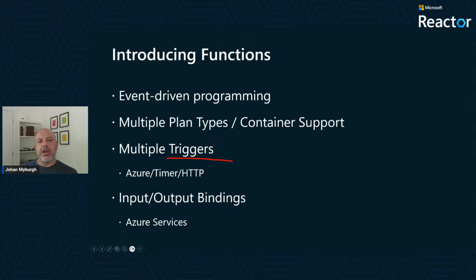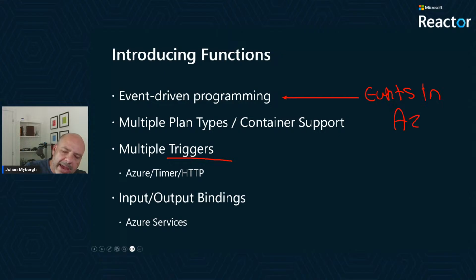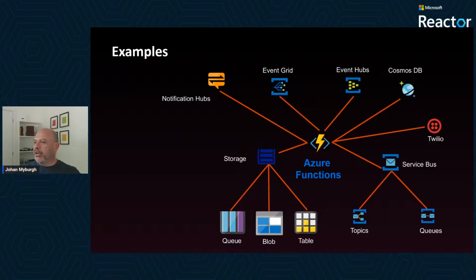So when we're talking about event-driven programming, this is more to do with events in Azure. And most of our different services in Azure have got different events that they can expose, and those events can tie into an Azure function being triggered. I'll give you a quick example here. There you can see Azure notification hubs.